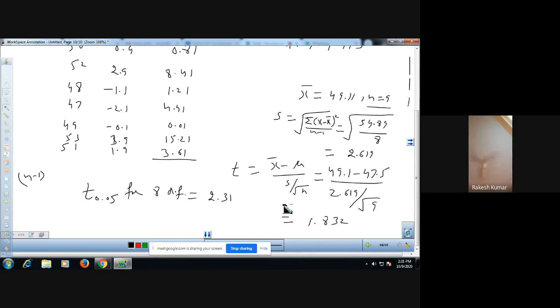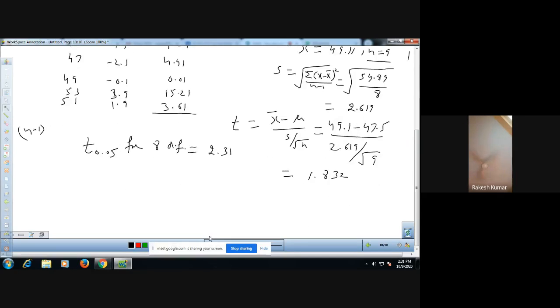And clearly, the calculated value is less than the table value, and it means the null hypothesis is accepted. And the null hypothesis being accepted means, therefore, there is no significant difference between the means of sample and population.